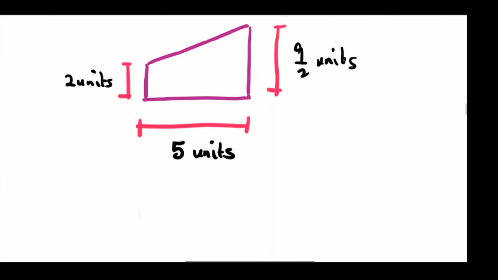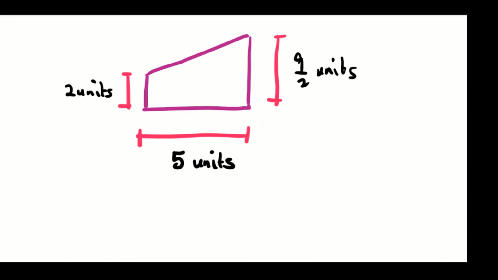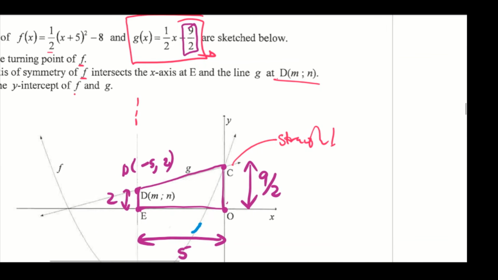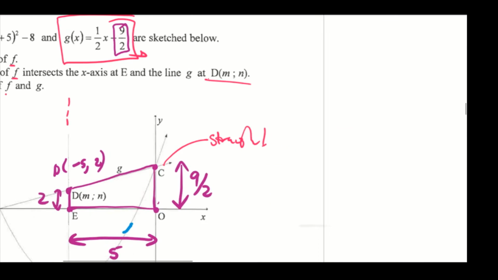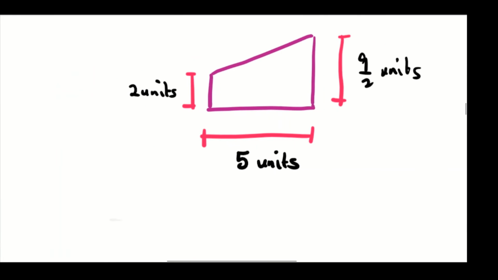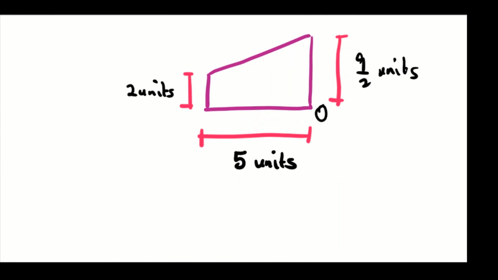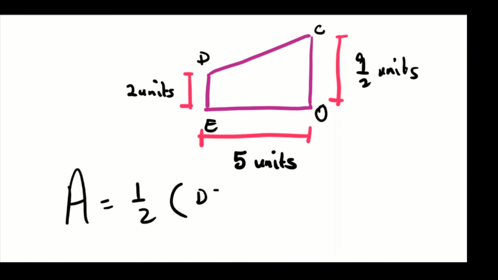So now you can simply find the area of this, because they wanted the area of OCDE. This is O, this is C, this is D, this is E. The area of a trapezium is equal to half times DE plus CO, multiplied by the perpendicular height OE.